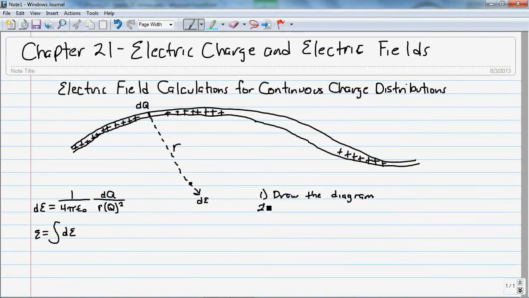The second part is apply Coulomb's law in differential form.